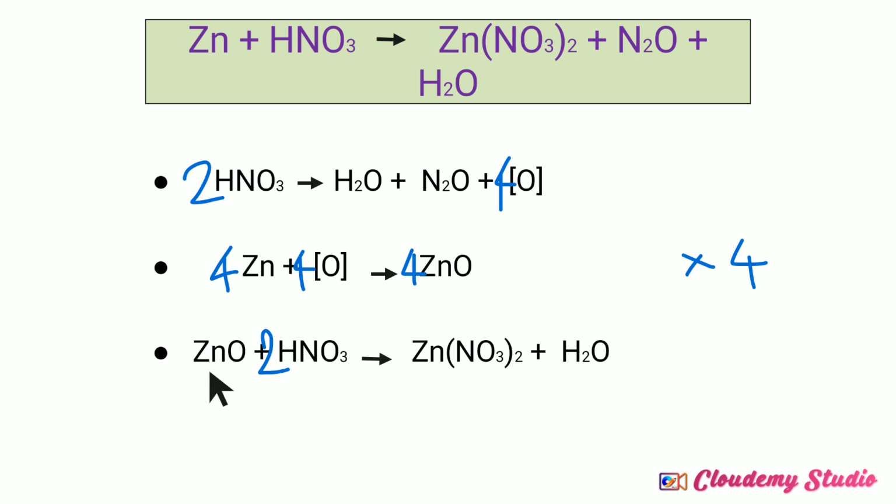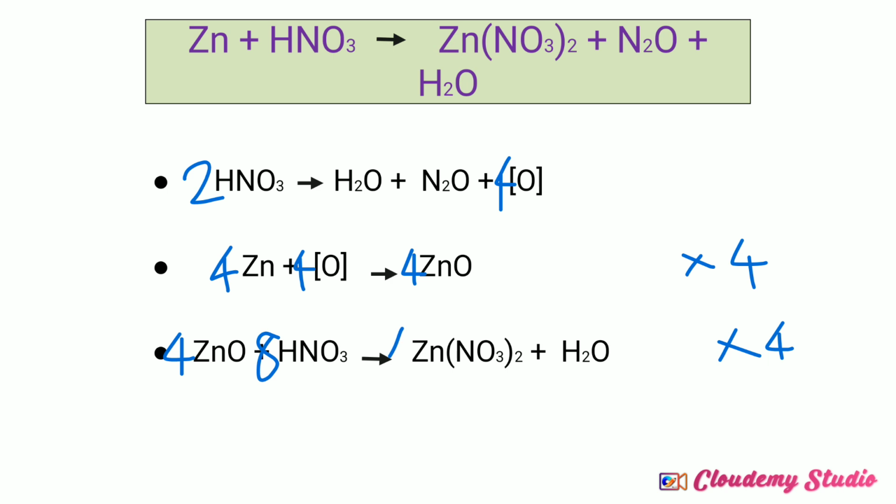So as a result, we need to multiply this equation as a whole by 4. So zinc oxide becomes 4 times, and this nitric acid, which was already 2, we now multiply by 4, so 4 times 2 is 8, and it becomes 8.